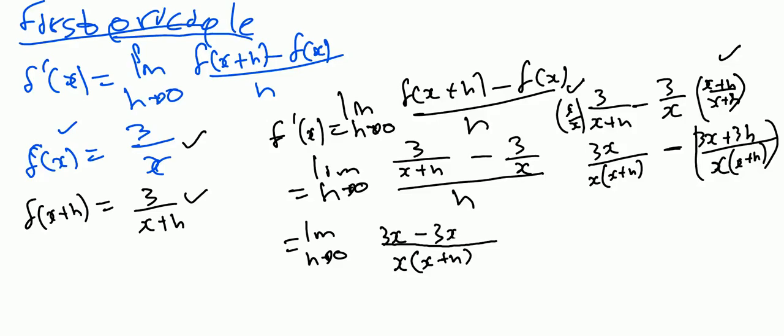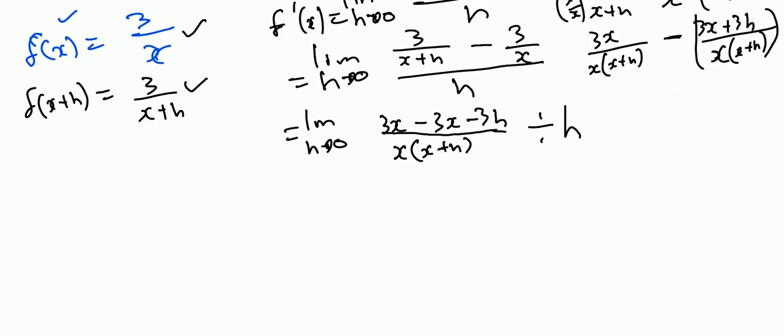That means it's minus 3x minus 3h. Divide by h, don't forget the division sign. So now let's continue. We continue writing the limit as h approaches 0. 3x cancels negative 3x. Then we are left with negative 3h over the denominator, which when we simplify is x squared plus xh.